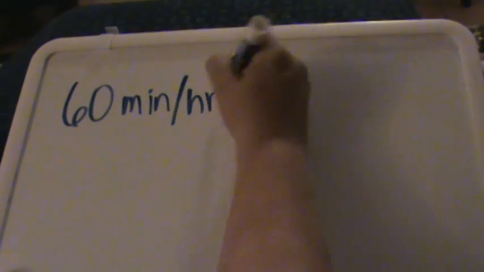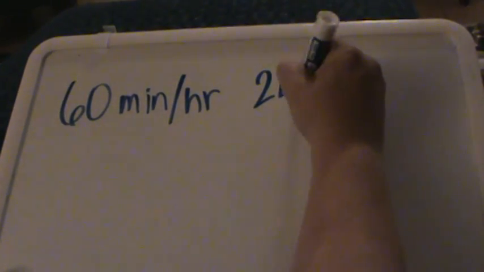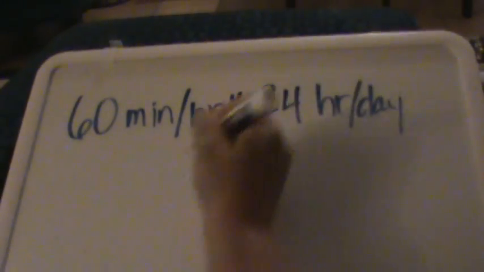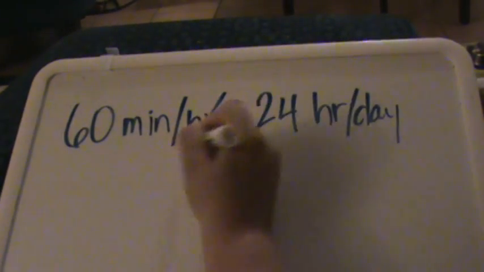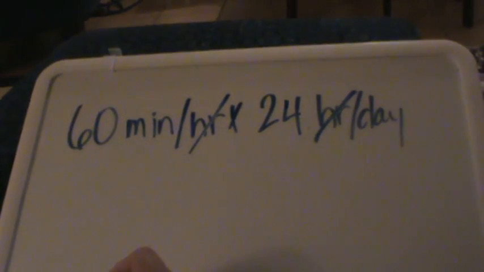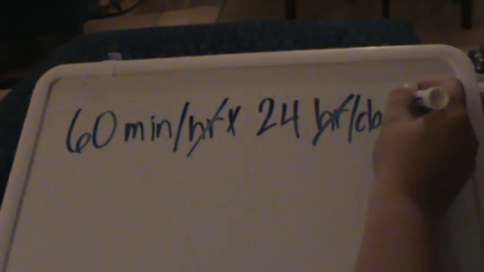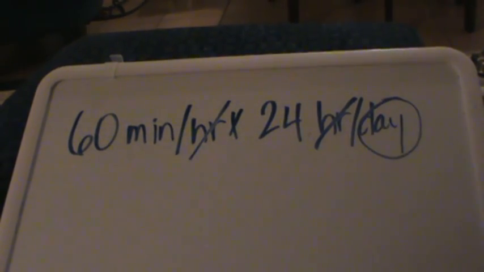Okay, the first question asks us, 1 gallon per minute is how many gallons per day? Well, we know there are 60 minutes in an hour, and there are 24 hours per day. So if I multiply these two, my hours will cancel, and that will leave me with how many minutes in a day.